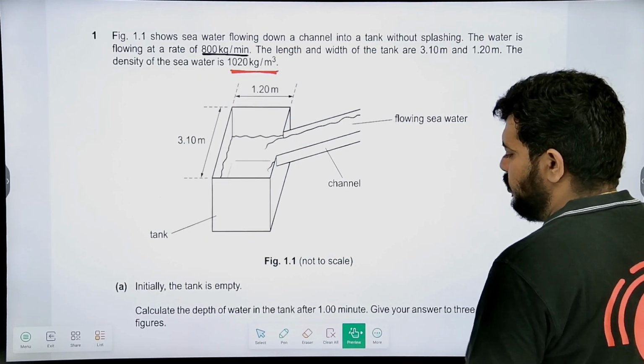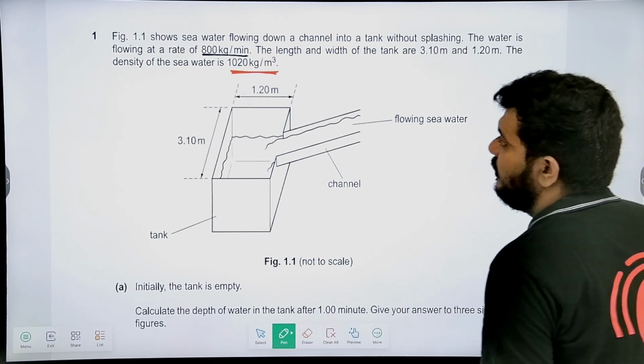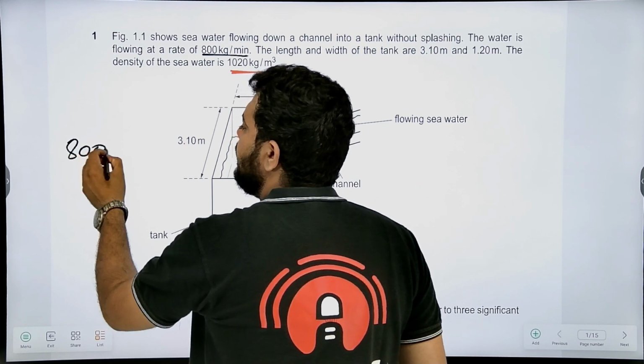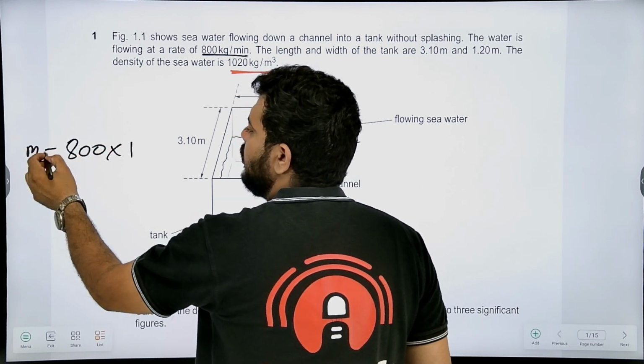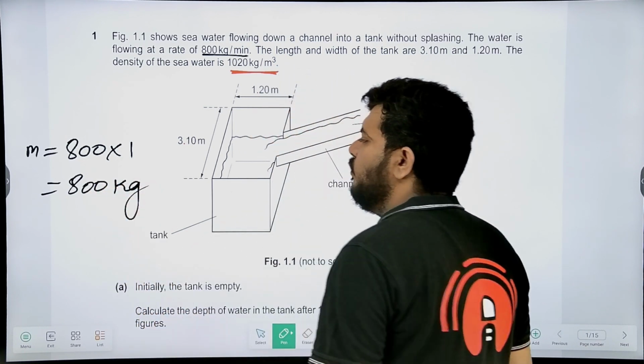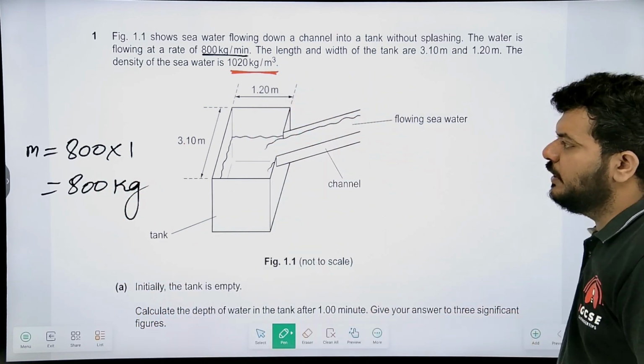Okay, let's try it over here in this space. So first I will say that 800 into 1, right? The mass of water will be 800 into 1. So 800 kilogram of water has flown into the tank.